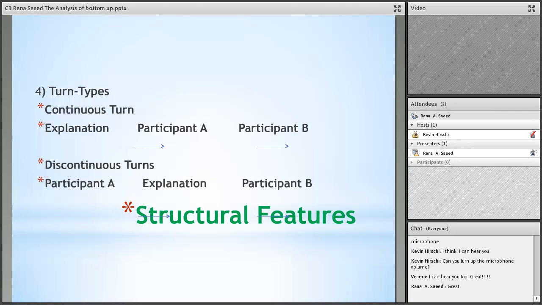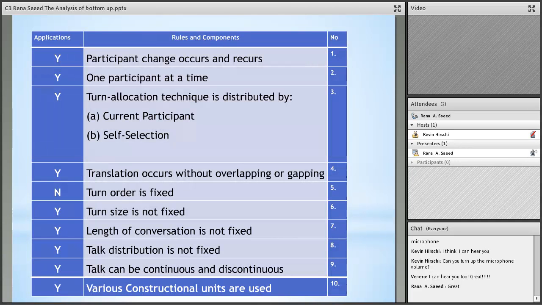When the explanation appears between speaker A and speaker B, then we have what we call a discontinuous turn. The turn is discontinued because of the explanation that intervenes in the middle of the turns.